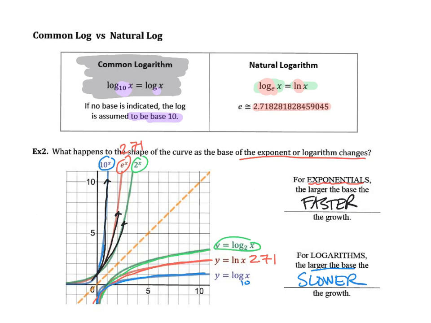So notice though, in terms of your points on the graph, your point on the graph here is 0, 1 for your exponentials. And so for your logs, you switch them: 1, 0. So this is where it's rooted, where your vertical asymptote is at x equals 0.